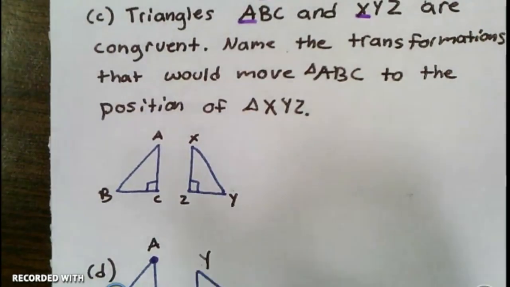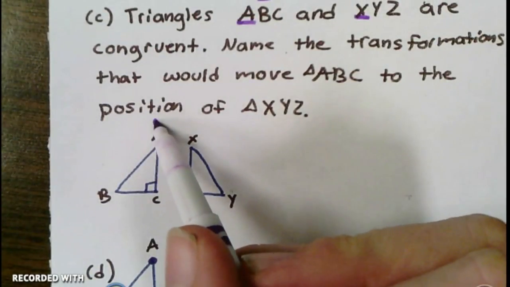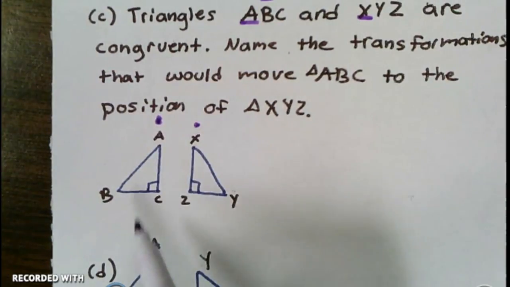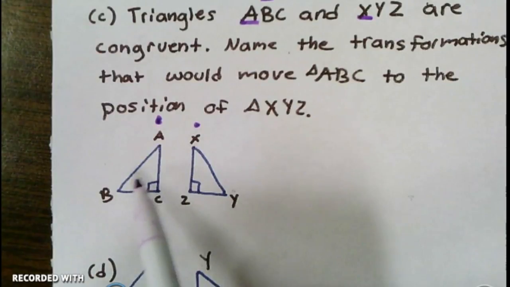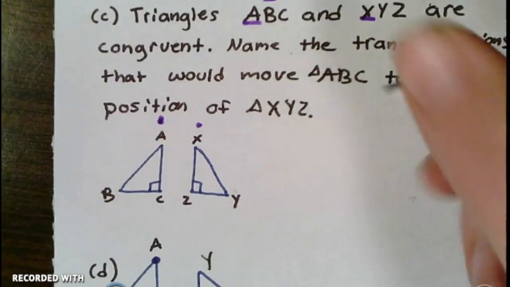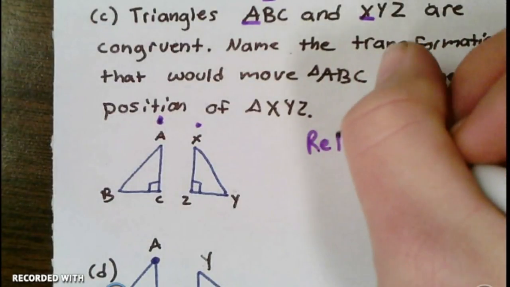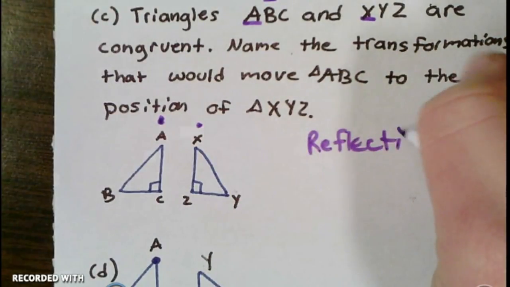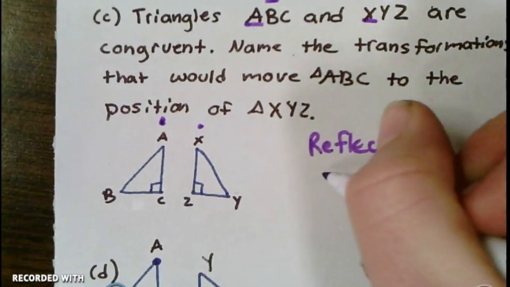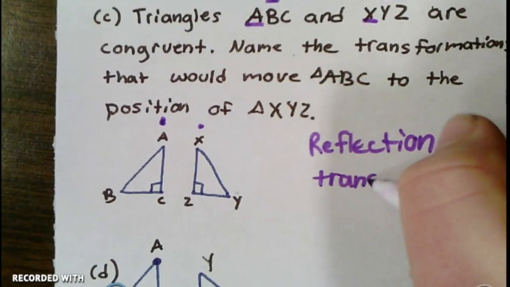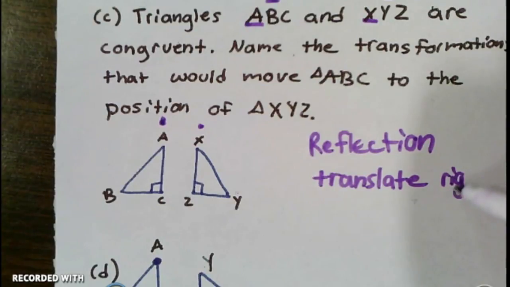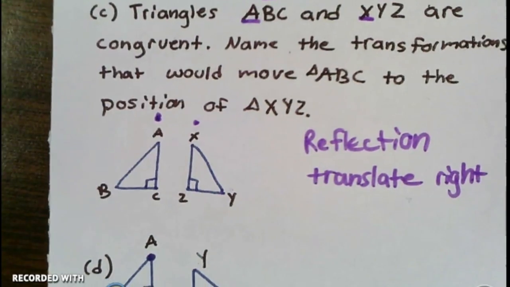Okay, so remember that A and X are congruent angles, and so I need to get this figure to be on top of this figure. I would need to reflect it, and then, since it's all the way over here, I would need to translate it.